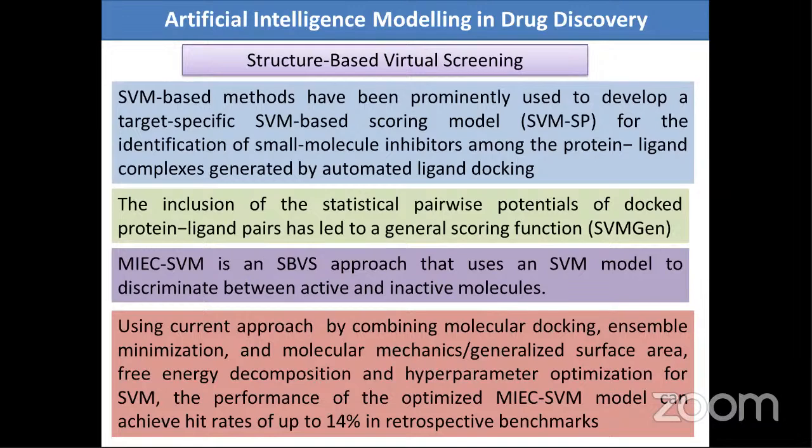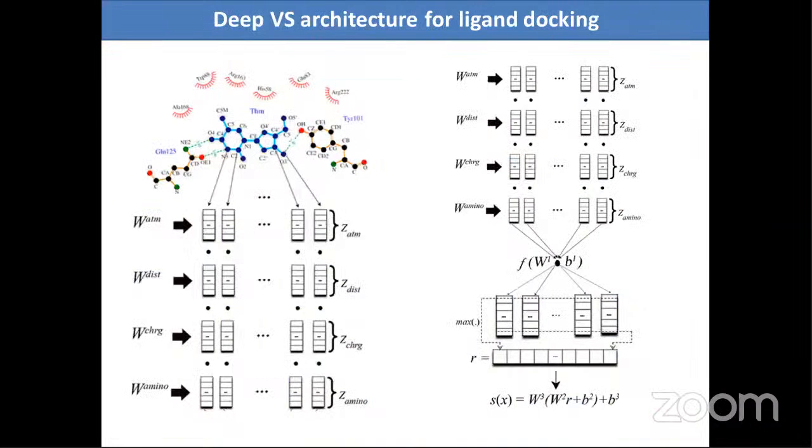In the current approach, this model is used in combination with molecular docking, energy minimization, and molecular mechanics surface free energy decomposition. For all this estimation we are using the SVM model for structure based virtual screening, and a 14% hit rate was observed with this particular model.